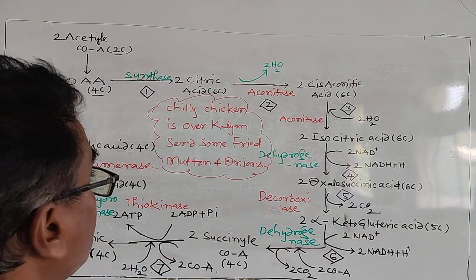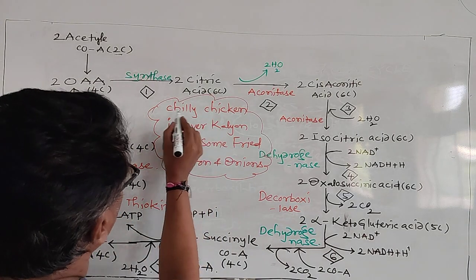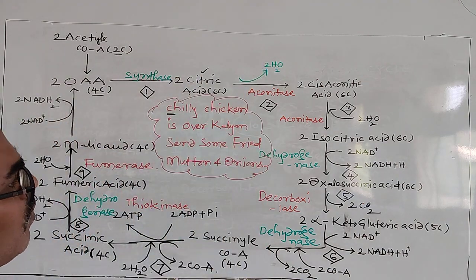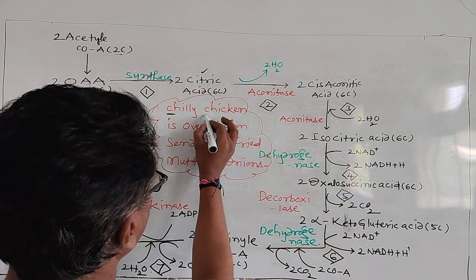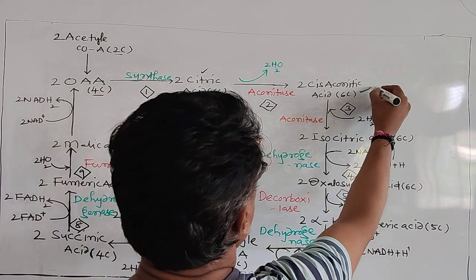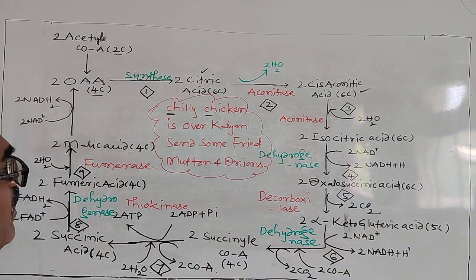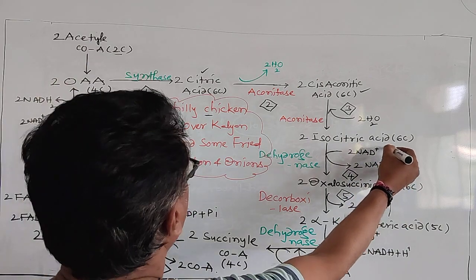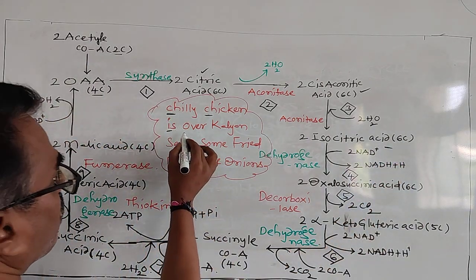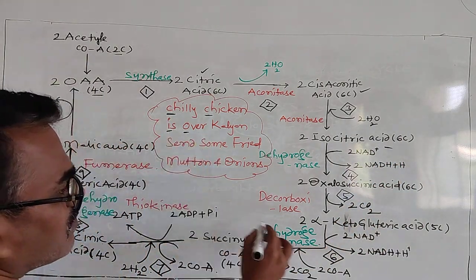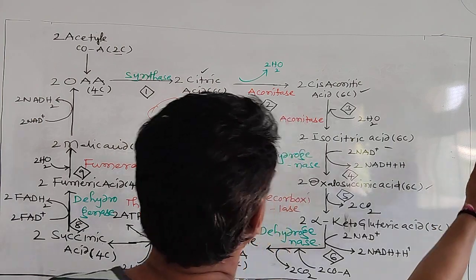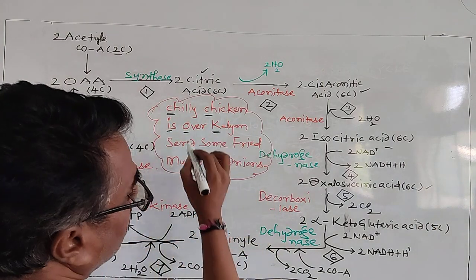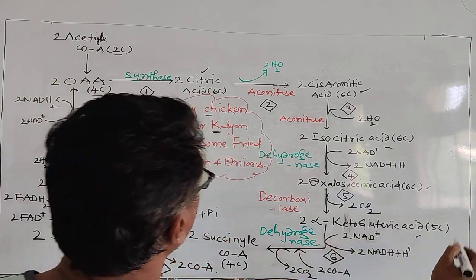Here in chili, the C stands for citric acid. In chicken, C stands for citric acid. I stands for isocitric acid. In over, O stands for oxaloacetic acid. In Kalyan, K stands for ketoglutaric acid.